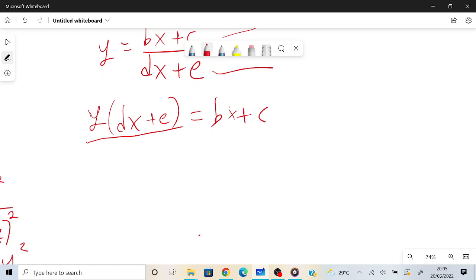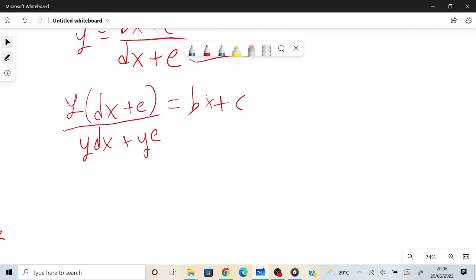This would become y dx plus ye. Note that if you write dxy or ey, it's the same thing, so you don't need to stress about that. y dx plus ye equals bx plus c.